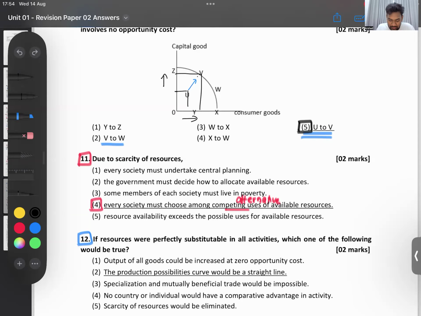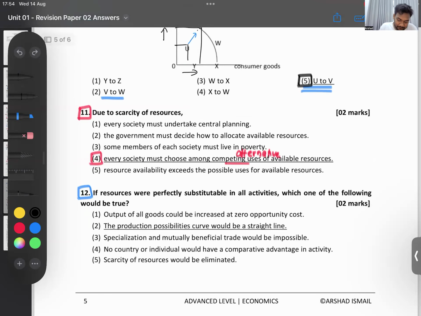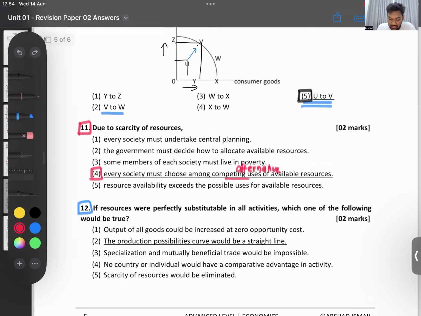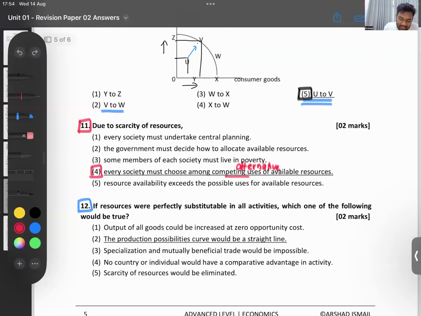Okay. 12th one would say, if resources were perfectly substitutable, which of the following would be true? If resources are perfect substitutes, we study this in focus area 4, but I put this since we know this.